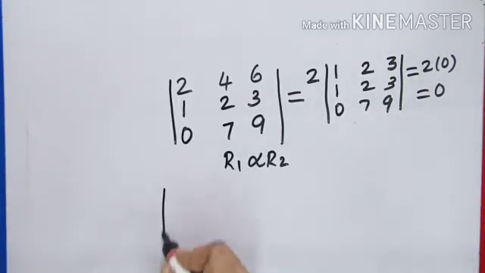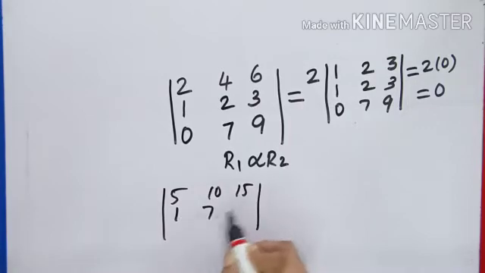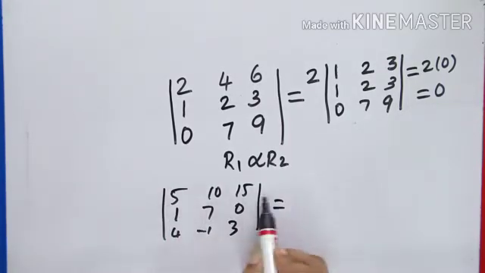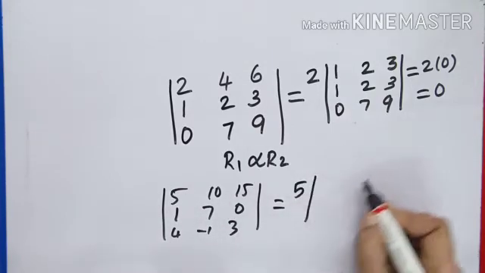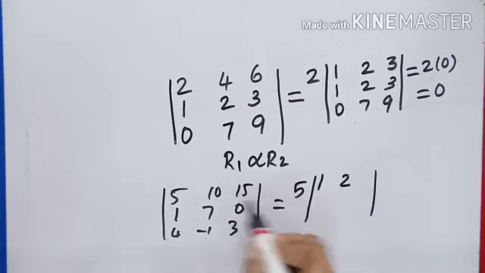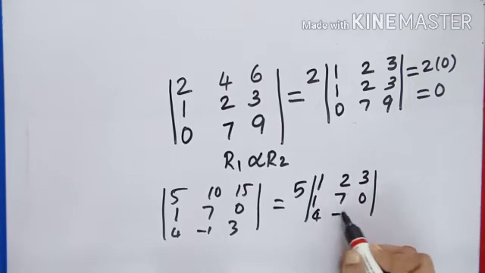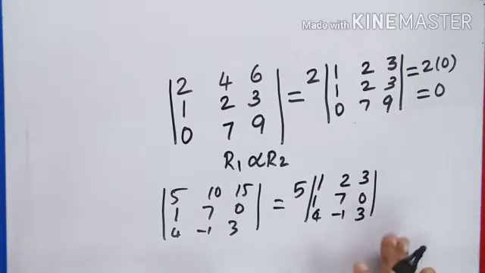Give another example. 5, 10, 15; 1, 7, 0; 4, minus 1, 3. Which number is common in the first row? 5. So I can take 5 out. It becomes 1 fives are, 2 fives are, 3 fives are. 1, 7, 0; 4, minus 1, 3. So here I have to expand and find the answer.